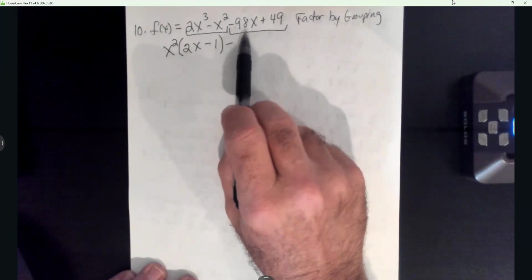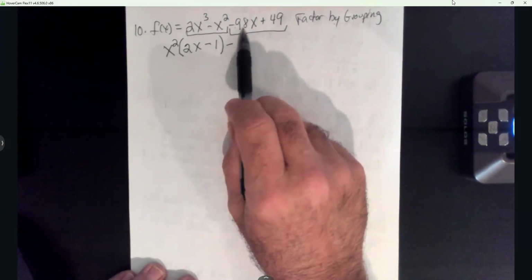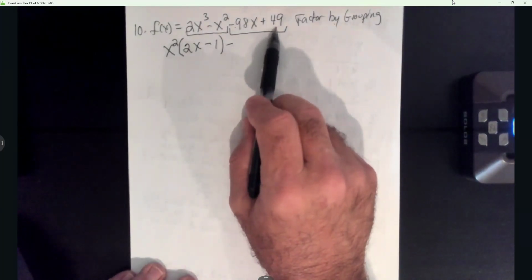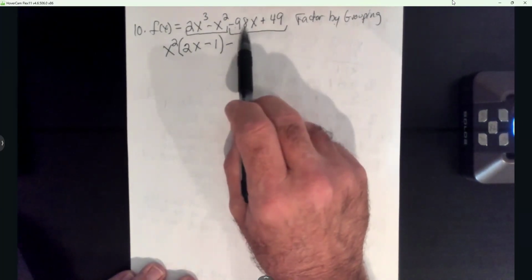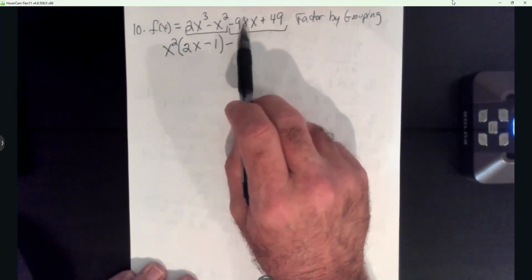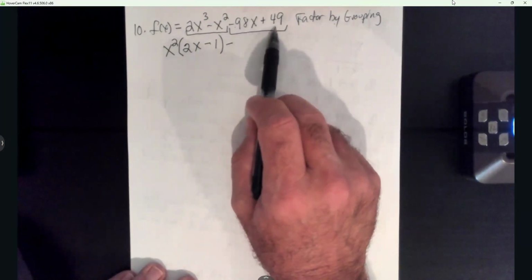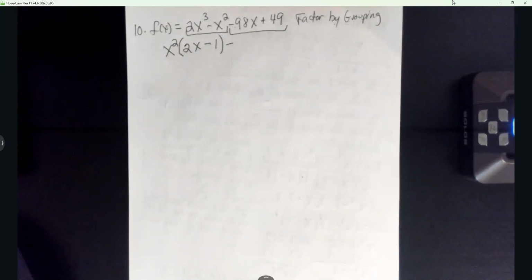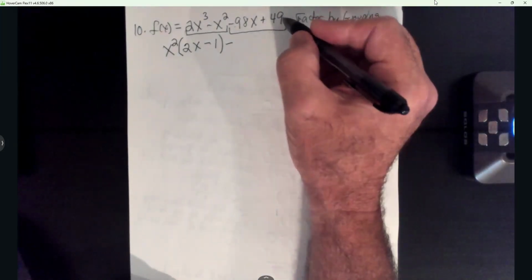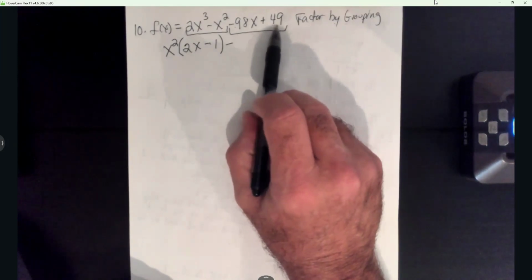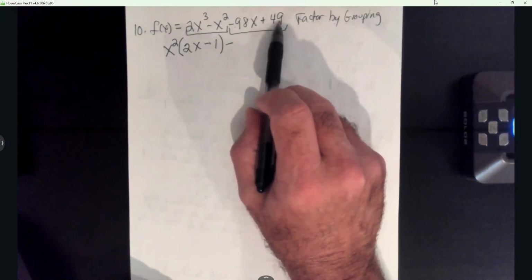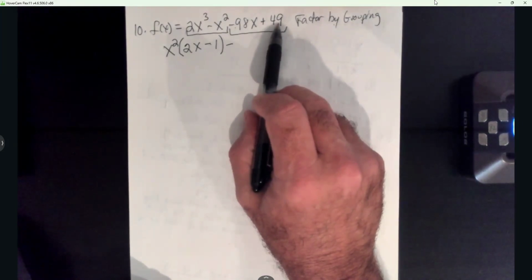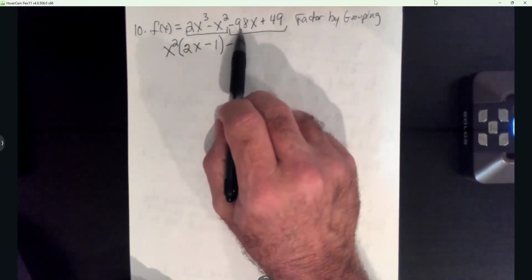All righty. So we got a 98 and a 49. What would be the greatest common factor between 98 and 49? And I'll tell you what, on this one, usually the greatest common factor is whatever that last number is. Because 49 will go into 49 one time. 49 will go into 98 two times.